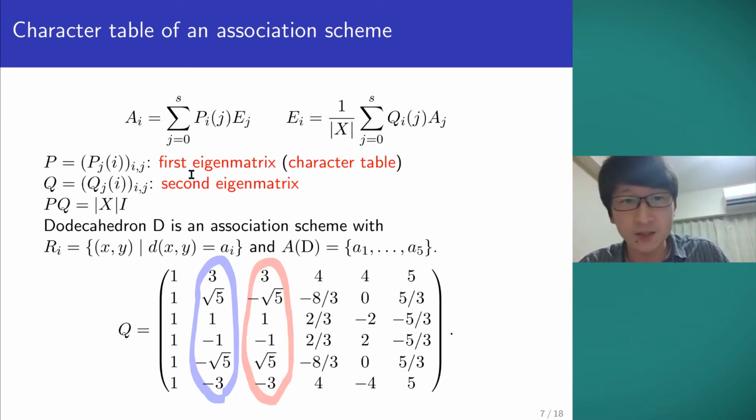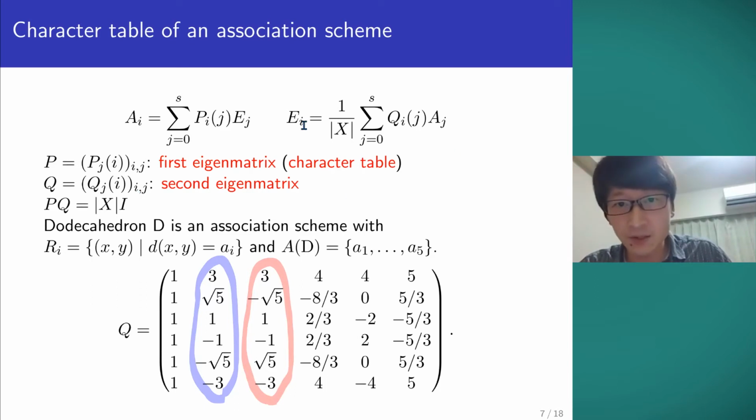This matrix is called the first eigenmatrix or character table of an association scheme. Essentially, if an association scheme is a group association scheme, then this first eigenmatrix is the same as the character table of finite groups. And Q is called the second eigenmatrix.